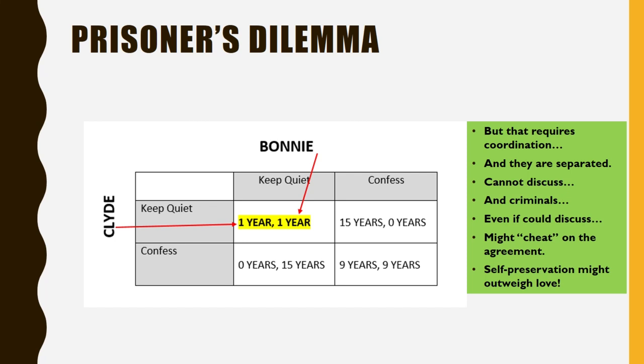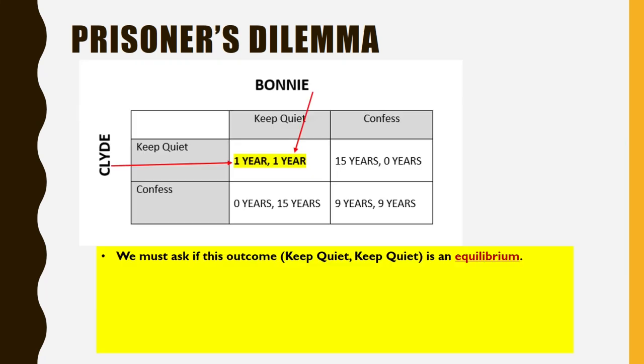So where we're going with this is we want to ask ourselves if this outcome right here, keep quiet, is an equilibrium. All right? So is that outcome where Clyde keeps quiet and Bonnie keeps quiet, is it an equilibrium? So what do we mean by equilibrium?